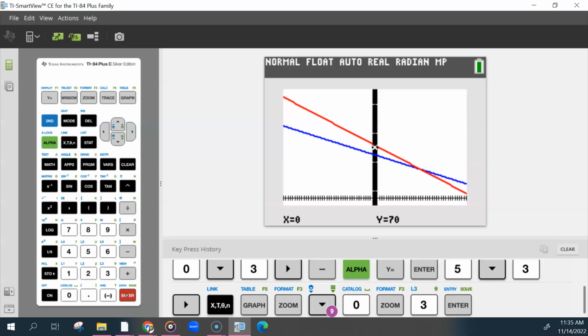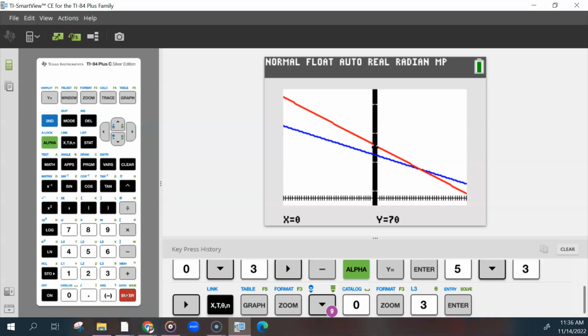Go down to zoom fit, zoom fit 0. But I think one of your graphs is coming up.